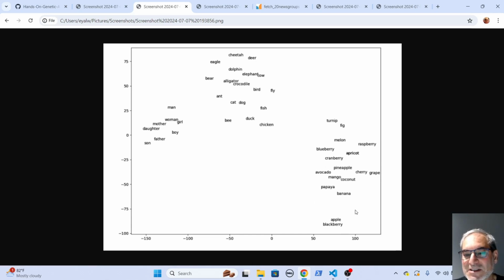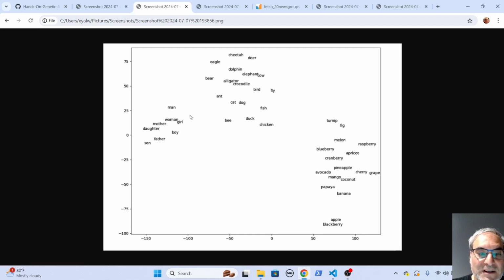For example, fruit are in one particular area, and certain fruit are very close to each other. Maybe the tropical fruit are closer together. And here you have animals, and you see that crocodile and alligator are very close together.